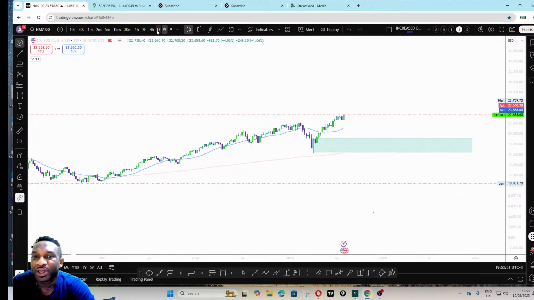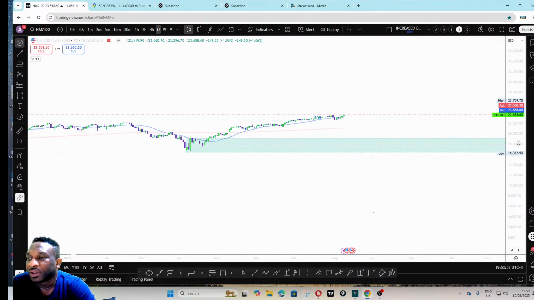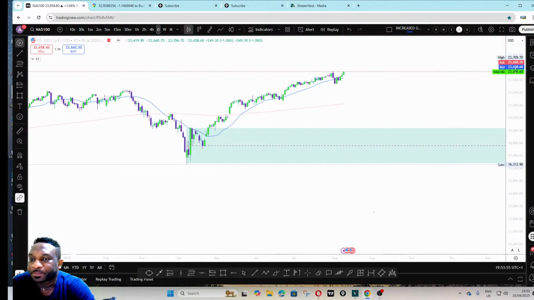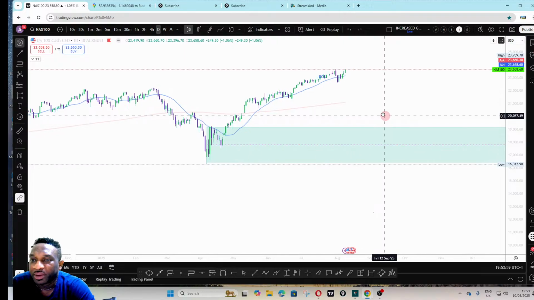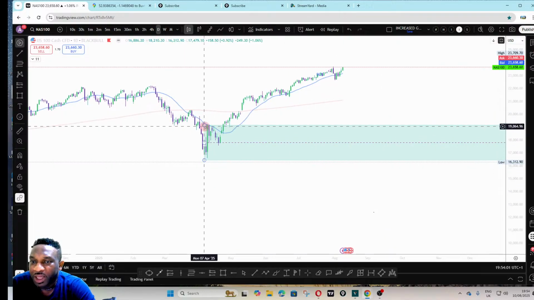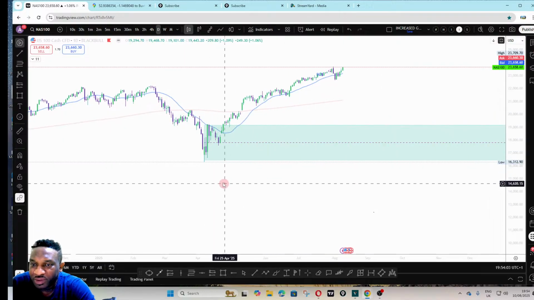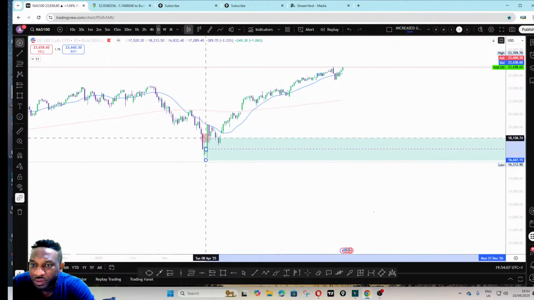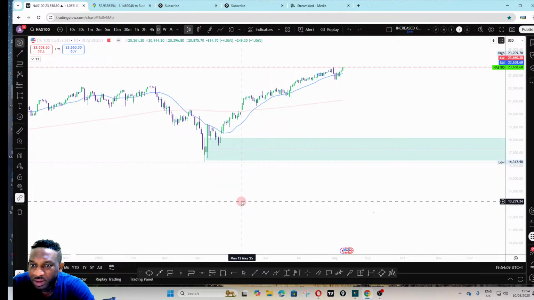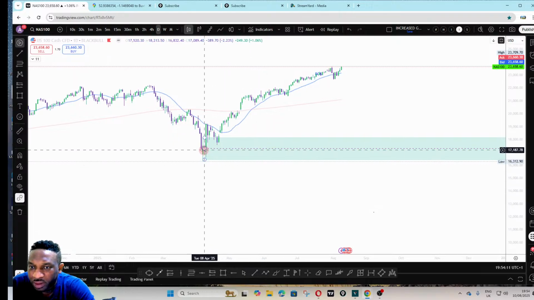So we can go further to the daily time frame. With that area, we can even further refine it to this last candle here, just to make it much clearer.